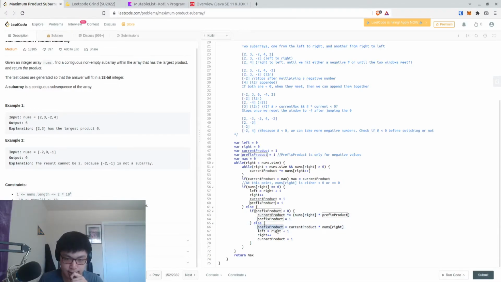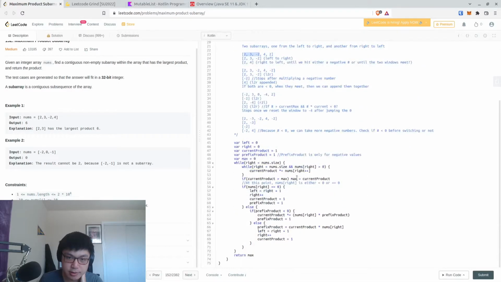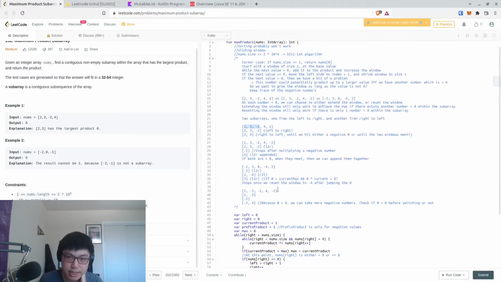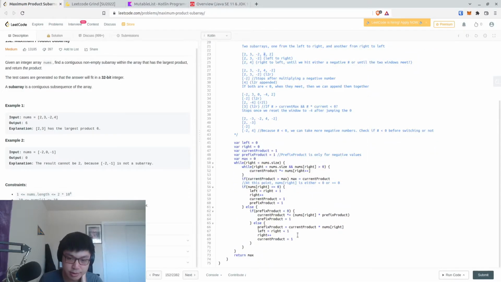If that isn't the case, so our prefix product is 1, which means that it has been reset before, then we just set our prefix product to what we have currently and the negative number. So that would be this part. And then we reset to the next window, and then we reset to size 1.